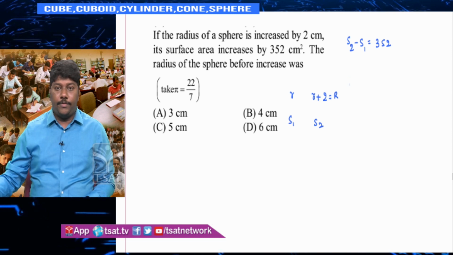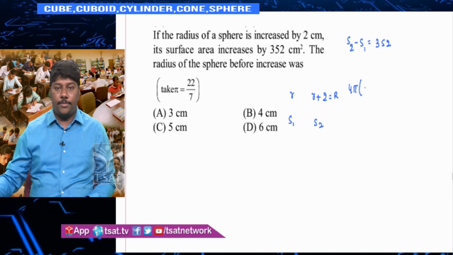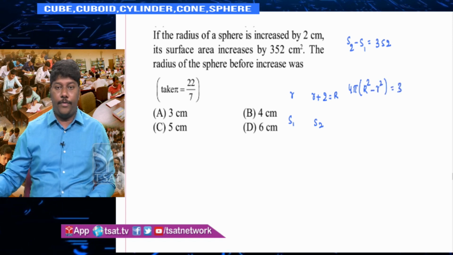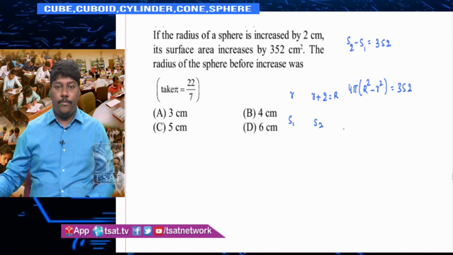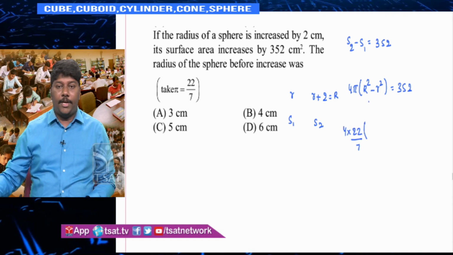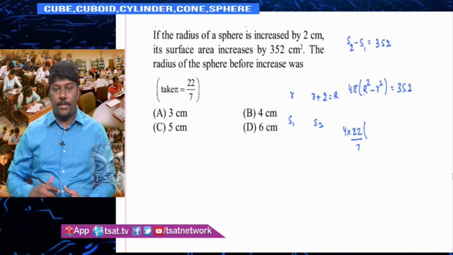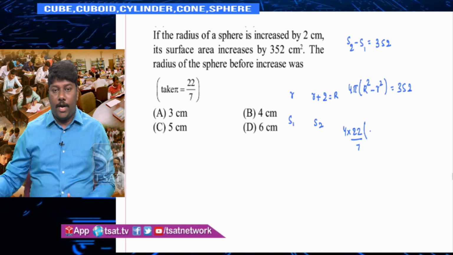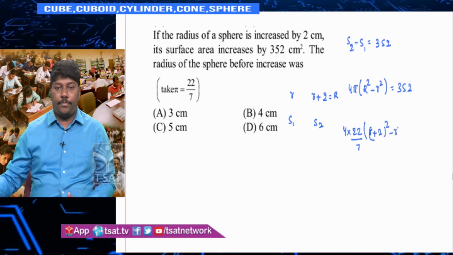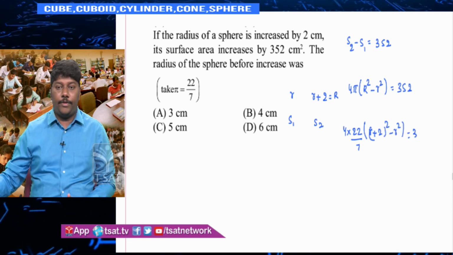So S2 minus S1 is 4 pi, capital R square minus small r square, is equal to 352. 4 into 22 by 7. Capital R square minus small r square you can write as r plus 2 whole square minus r square is equal to 352.